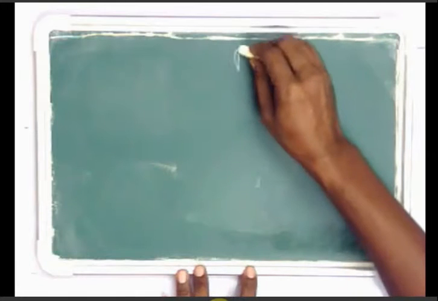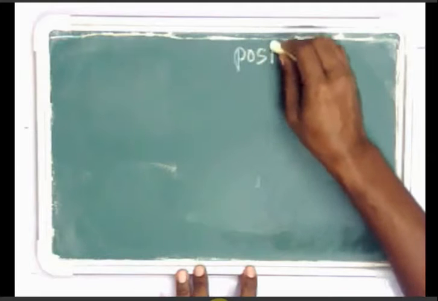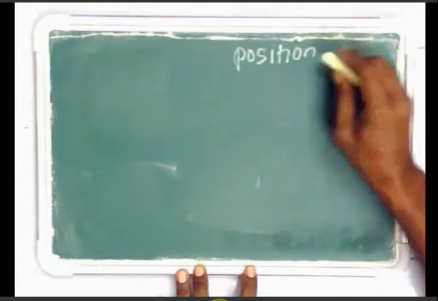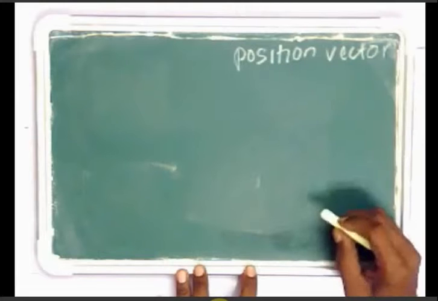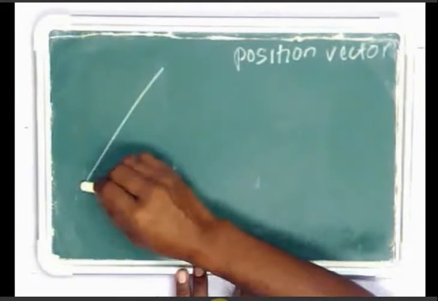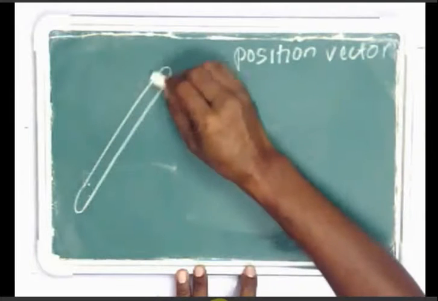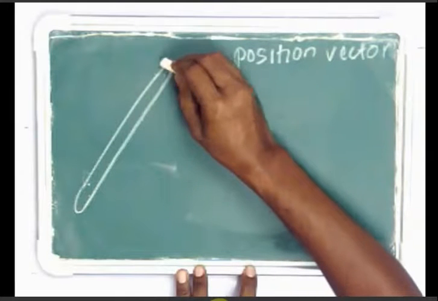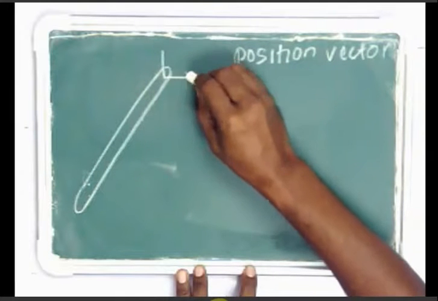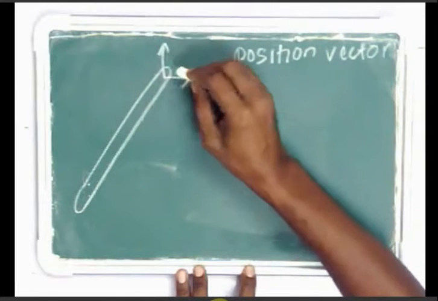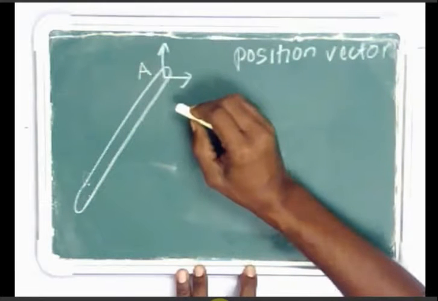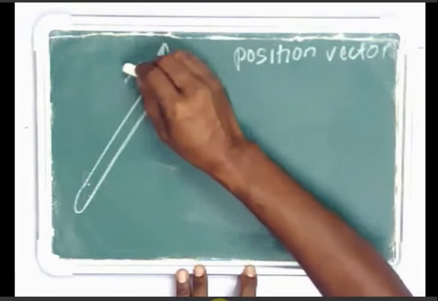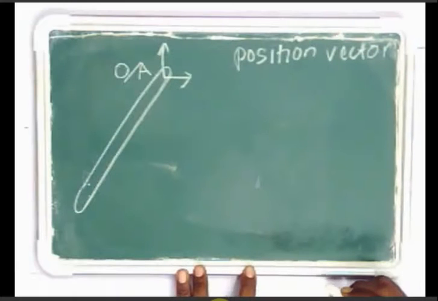Now we're going to look at the position vectors. This is the slender bar body, the rigid body, and we're going to define the origin at point A. And when we assign the origin, we're going to assign it as O as well, right?